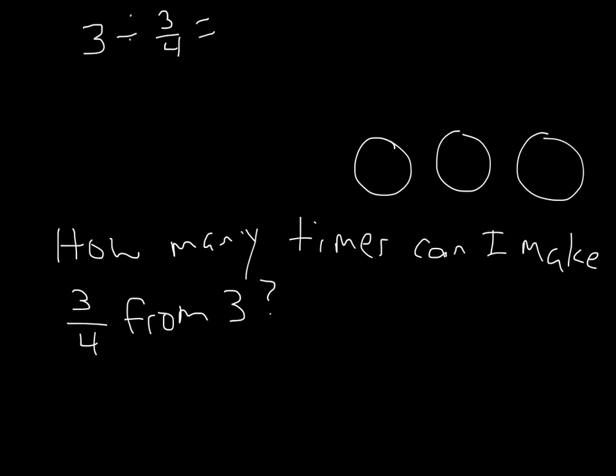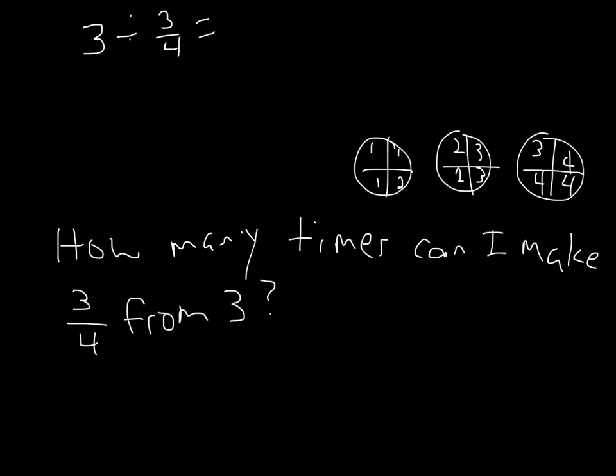Now in this problem we could almost count it. We could go ahead and say, well, I could give one person 3/4, and I could give the next person 3/4, right? And then I could give the next person 3/4, and then the last person, the fourth person, would have 3/4, and we'd recognize the answer is 4.